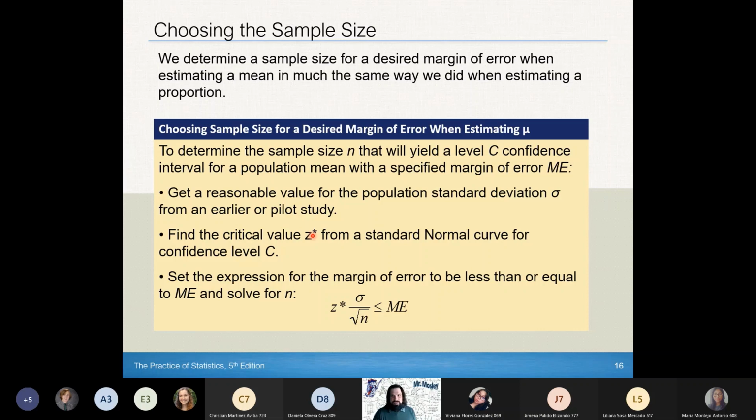We're now back to table A from a standard normal curve for confidence level C. We set the expression for the margin of error to be less than or equal to ME and solve for N. Right, and that gives us Z star times sigma divided by square root of N less than or equal to ME. We rearrange this to solve for N. So we need a moment to write any of this down.